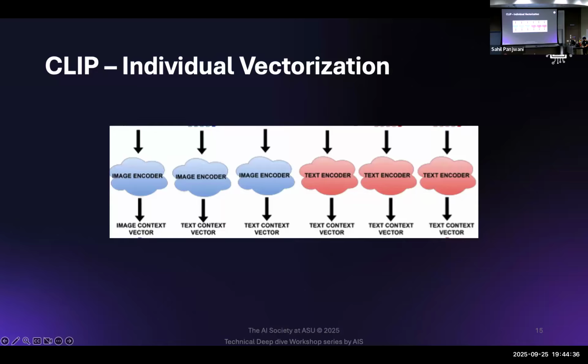At the end of each encoder, we don't keep the whole sequence. We pool them into a single vector for the image and a single vector for the text. These are compact representations that summarize the entire input. An important point here is that we still have the image and text streams completely separate. We're not doing any combination operations here.